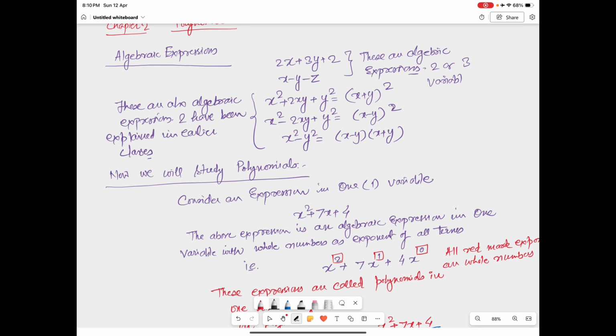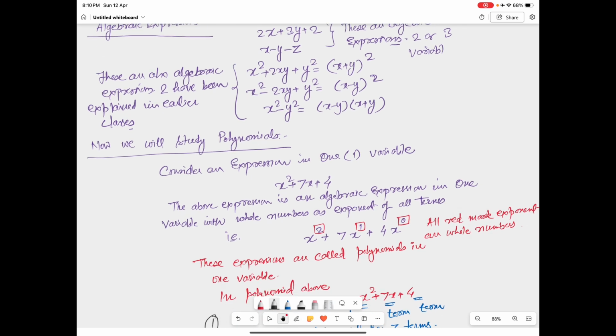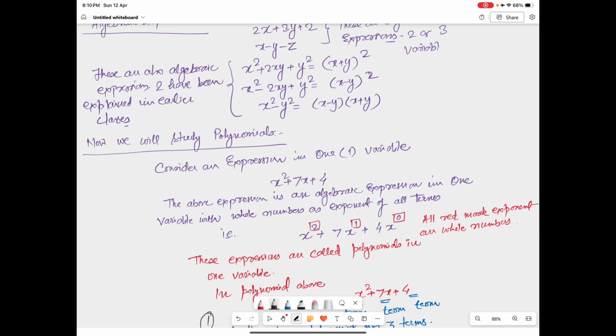All this you have read. Here x and y used to be the variables which you solved for, where the unknowns were given in the form of x and y. So these are all algebraic expressions, and there were different variables x, y and z. We'll talk more about polynomials now.